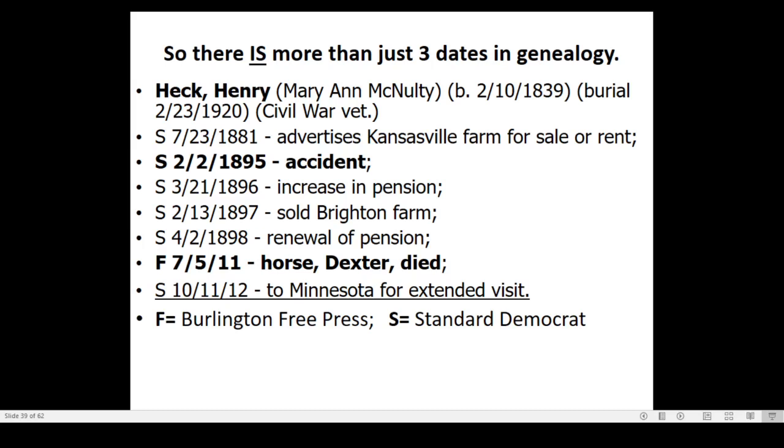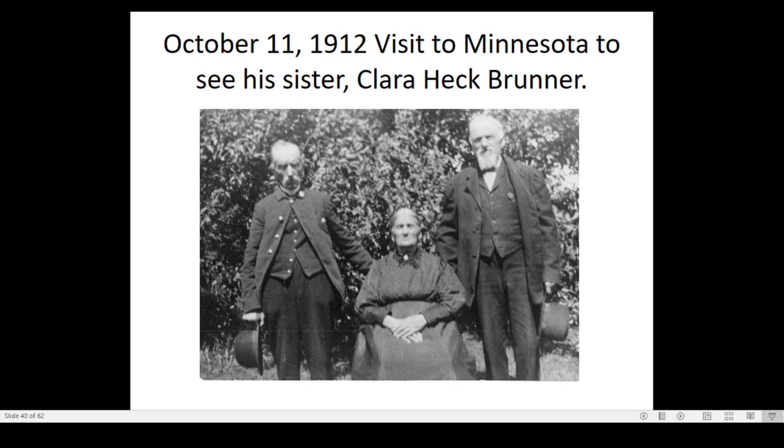In this one here, it says he went to Minnesota for an extended visit. I thought, okay, that's interesting, because I had this picture, and Cheryl recognizes that one. This is Henry Heck right here. That's his sister, Clara Heck Brunner, and that's his brother-in-law, Vincent Brunner. These two are married.